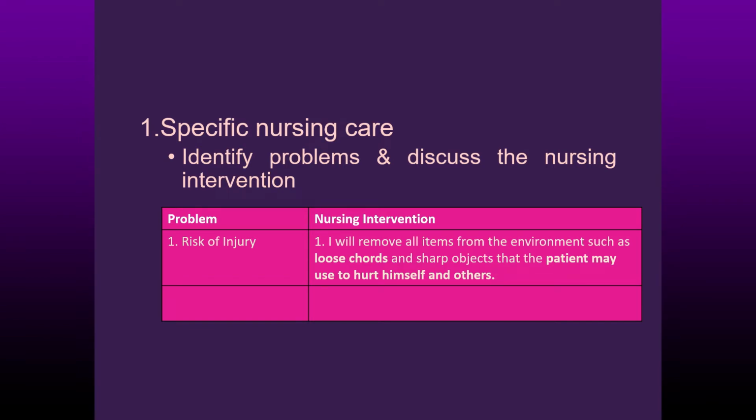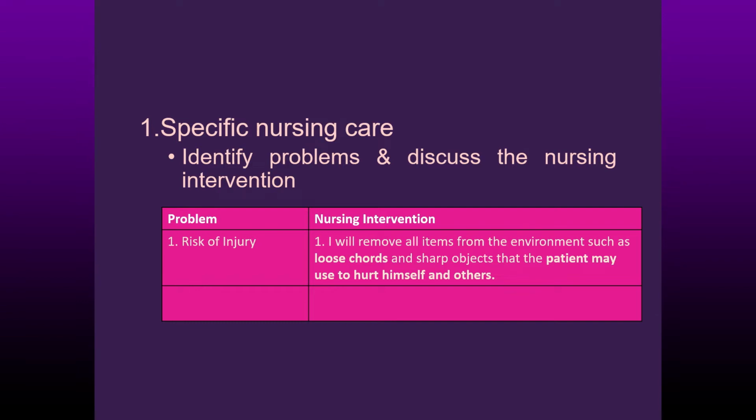That's a nursing care plan, meaning the examiner wants you to provide specific nursing care. Specific nursing care means you have to be specific to the condition that the patient is suffering from. What do you suspect these patients to be suffering from? You identify a problem and provide your interventions for that specific problem that the patient has.